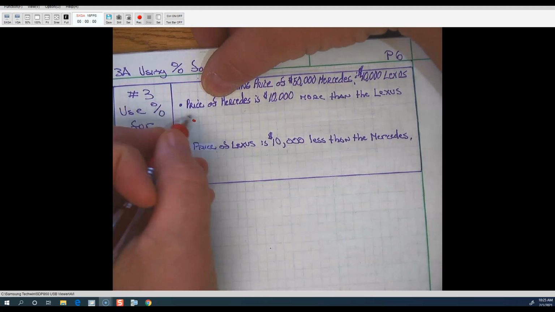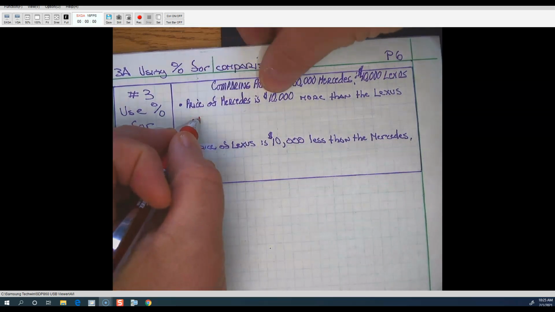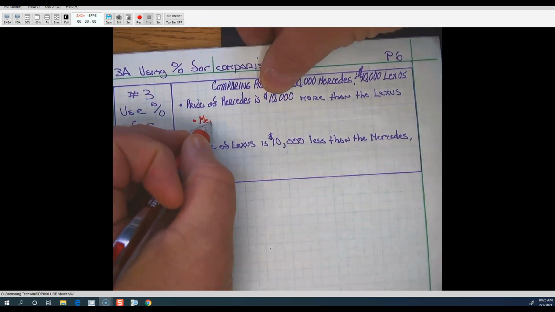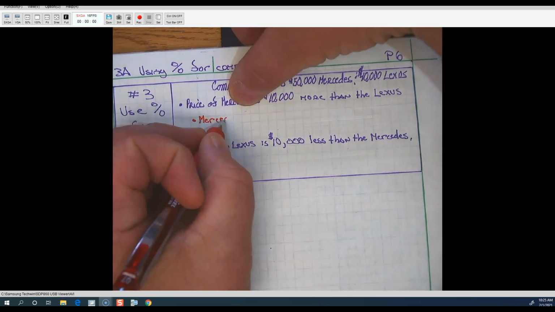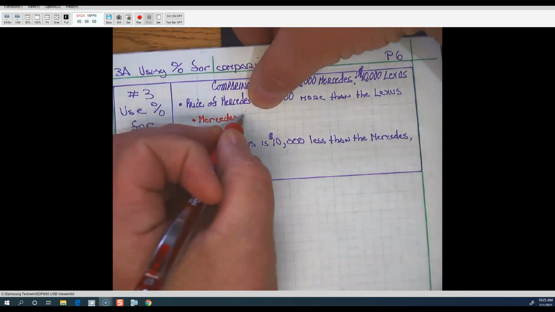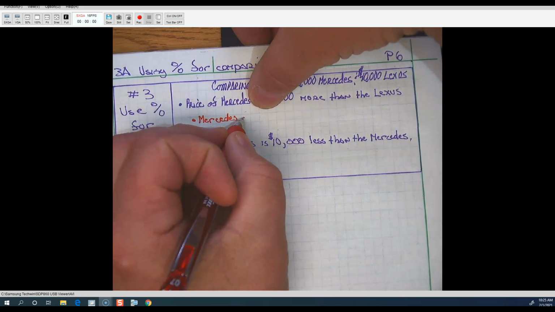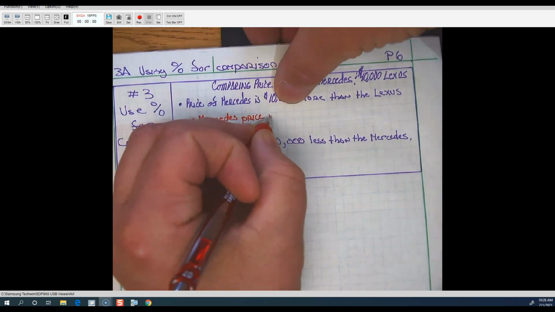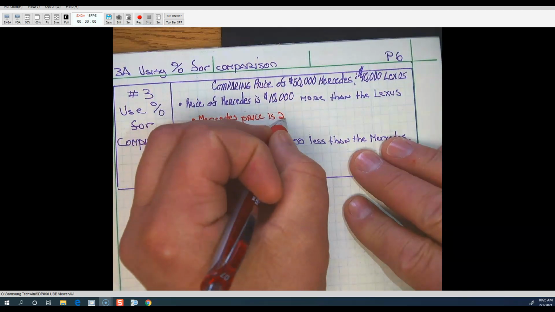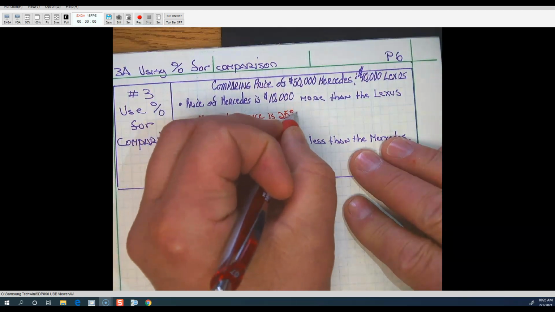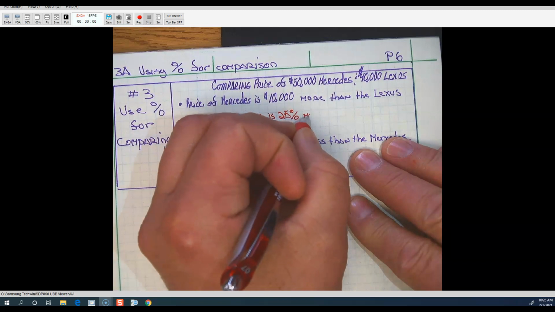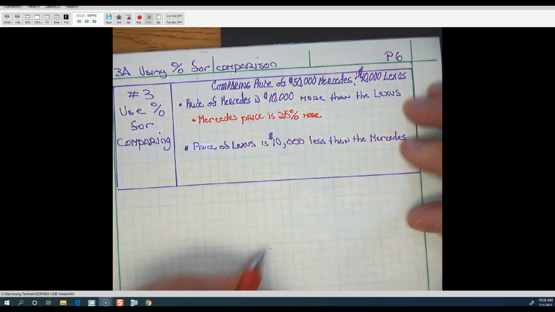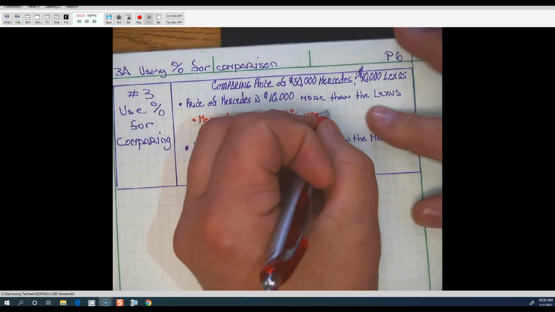It says, another way to express this is that the Mercedes price is 25% more than the Lexus.